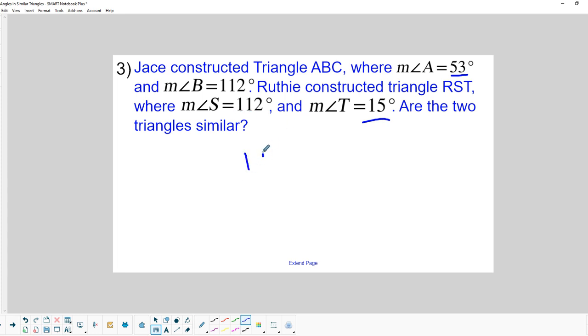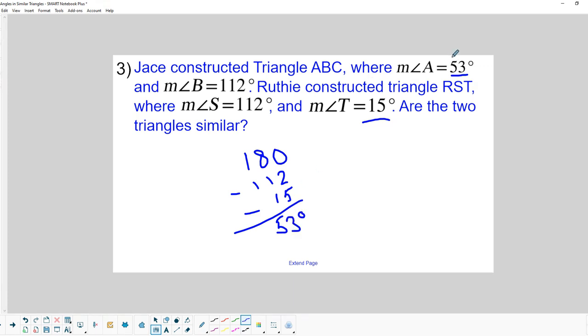We've got 180 minus 112 minus 15. I'll do that on my calculator over here. You do that on your calculator real quick. 180 minus 112 minus 15 equals 53.